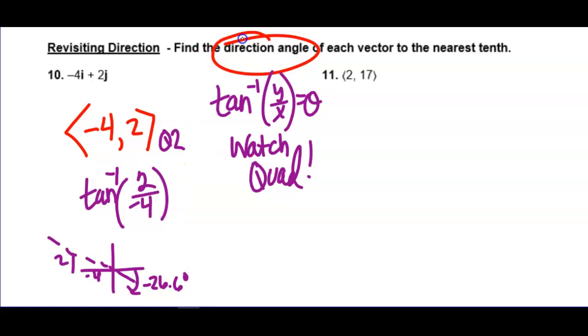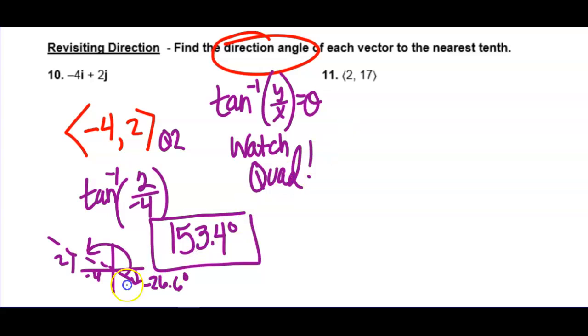So we need to, I didn't draw that line well because it looks like I went too far. There we go. So if we only went down 26 degrees, to get the right one, we need to add 180 to that, so that the reference angle in here is 26.6. So -26.6 plus 180, to put it in the right quadrant over here, is a 153.4 degree angle.